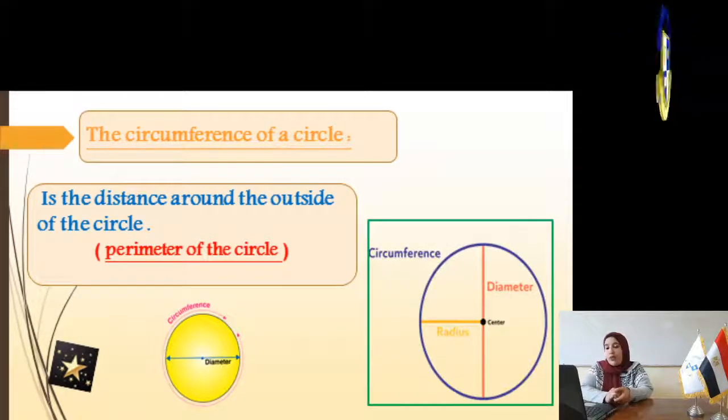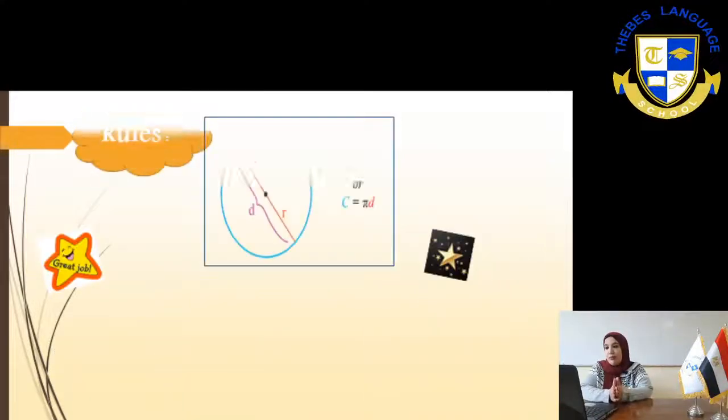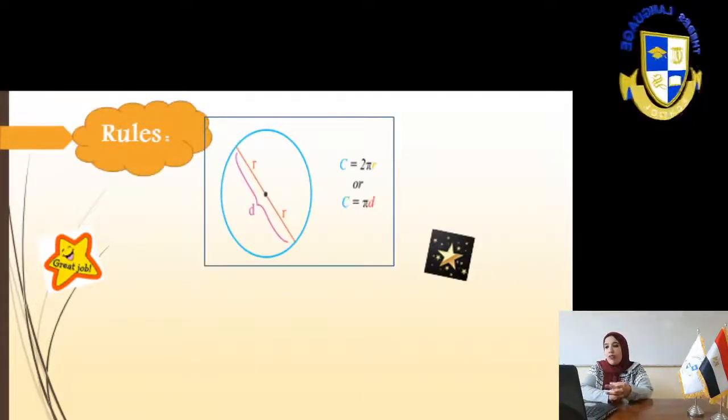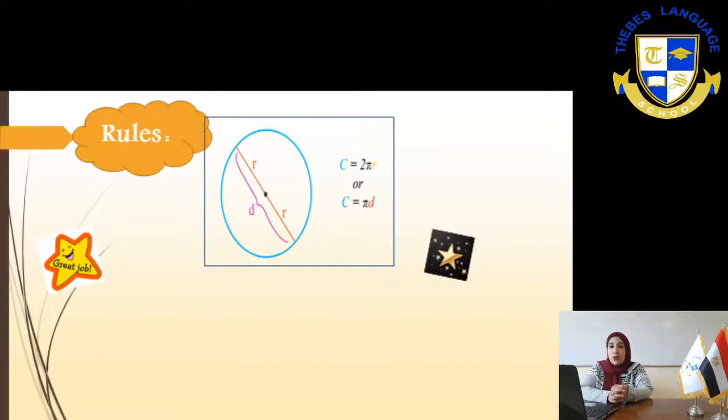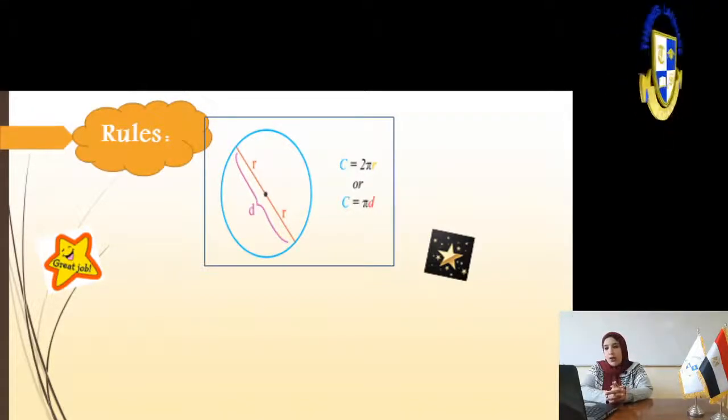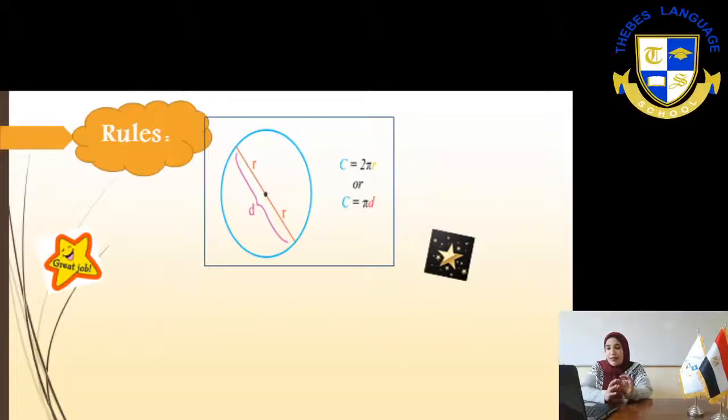How can we calculate the circumference? The circumference of any circle equals 2 by R. It's not 2 multiply R. It's 2 by, as you see this sign, pi.